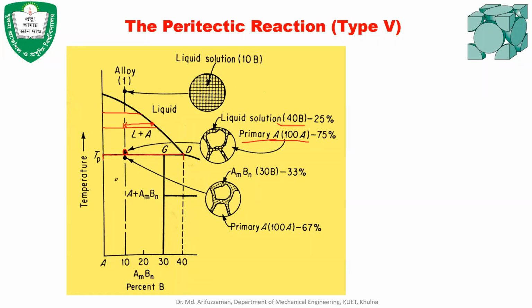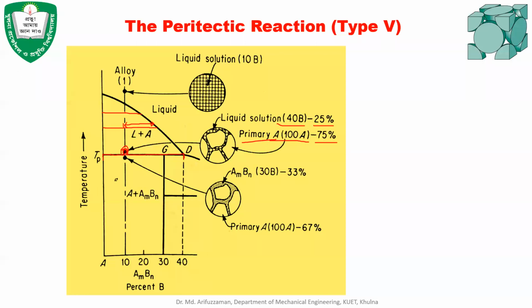On the left side, this indicates the chemical composition of the solid, which is primary A, 100% A, and this point indicates the chemical composition of the liquid, which has 40% B. If we calculate the relative amounts of solid and liquid present at this temperature, the liquid solution is 25% and the solid is 75%.